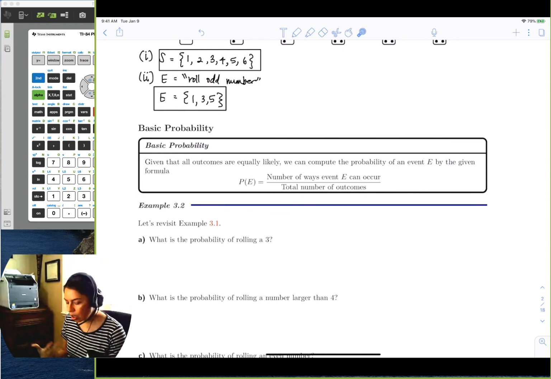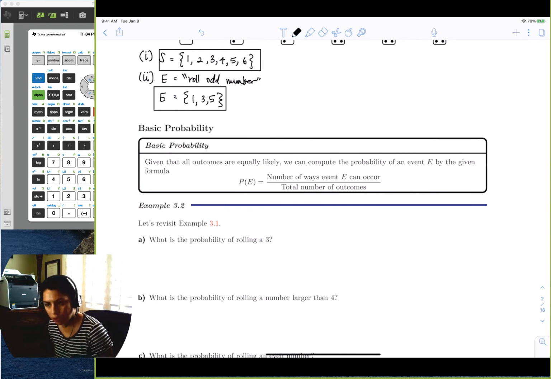So let's visit the six-sided die one more time. Now let's say, what is the probability of rolling a 3? So what is the event? Well, I'm tossing the die, yes, but what is the actual event that I'm looking at? I'm looking at rolling a 3.